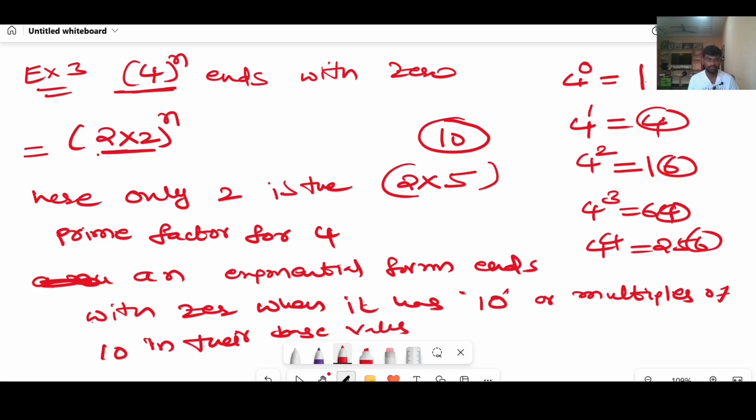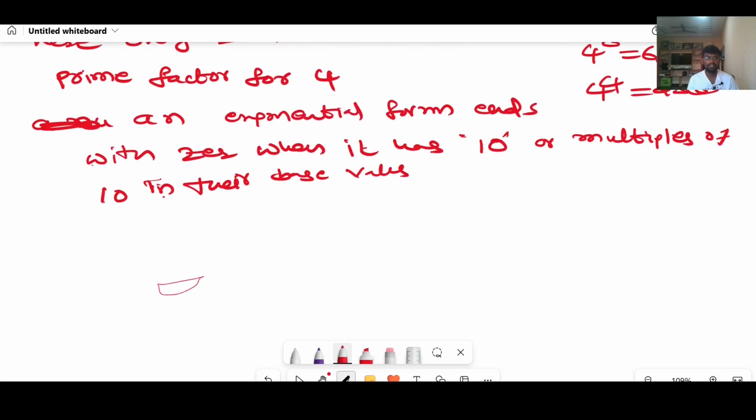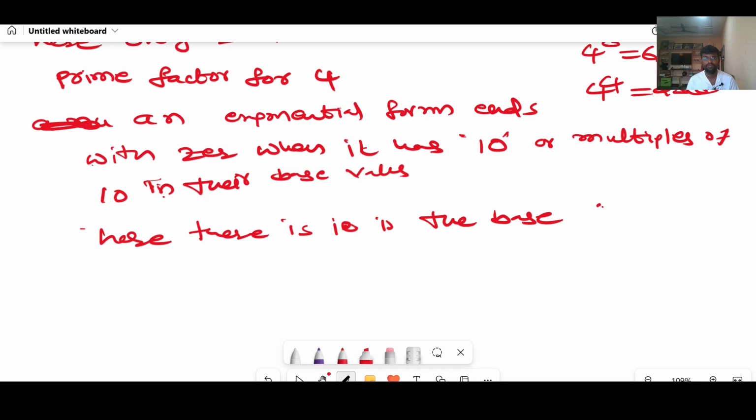Here there is no 10 in the base. Therefore, 4 power n will not end with 0, right?